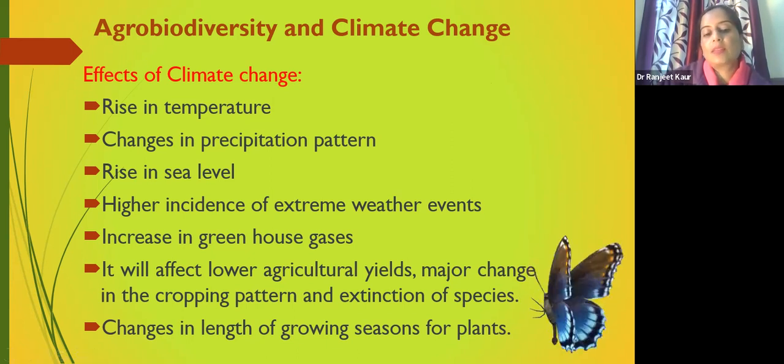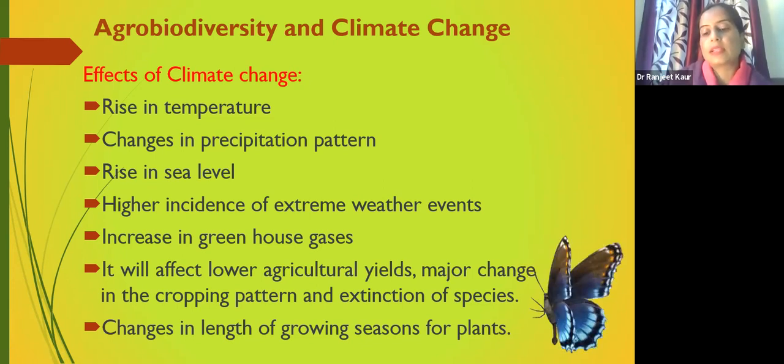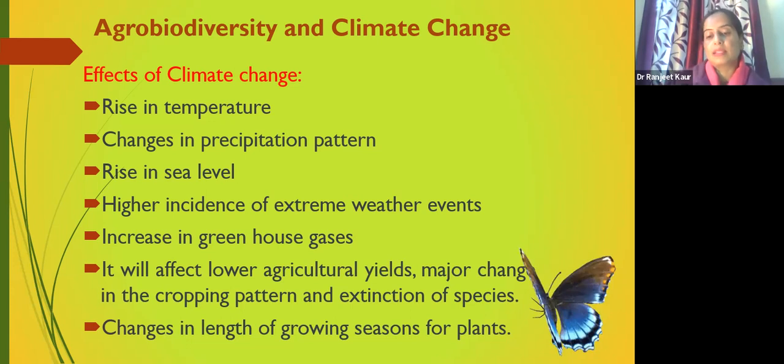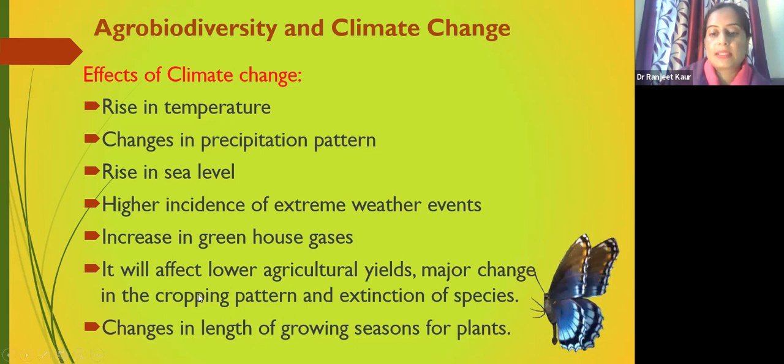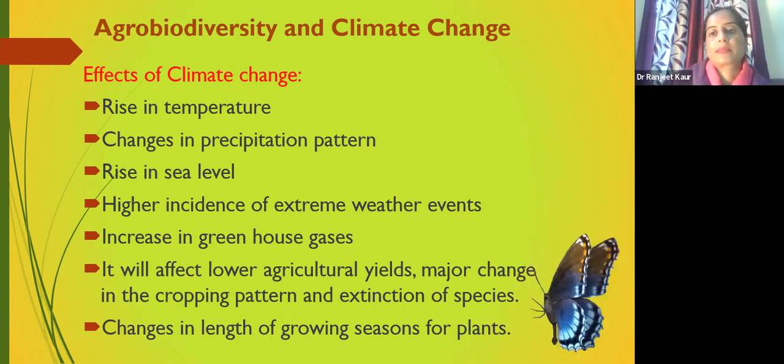Major change in the cropping patterns is happening all around, and extinction of species is also there. But there is paucity of studies on which species have gone extinct. We can't speak on that part, but definitely species are going extinct due to climate change. The changes in length of growing seasons for plants have occurred due to climate change. It has already been seen.